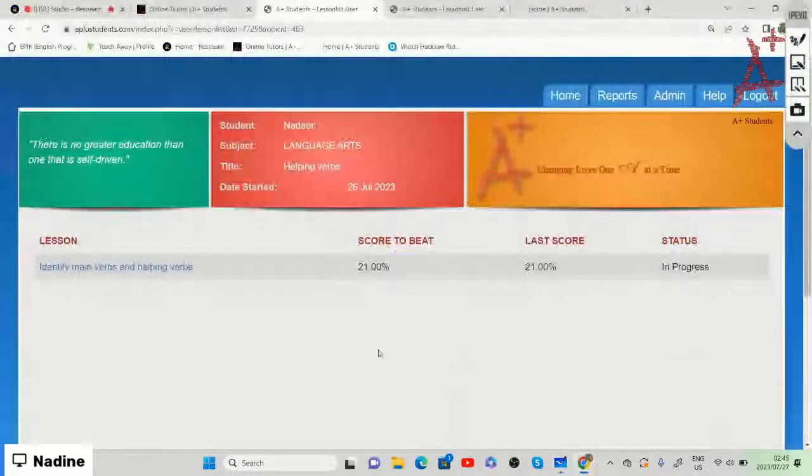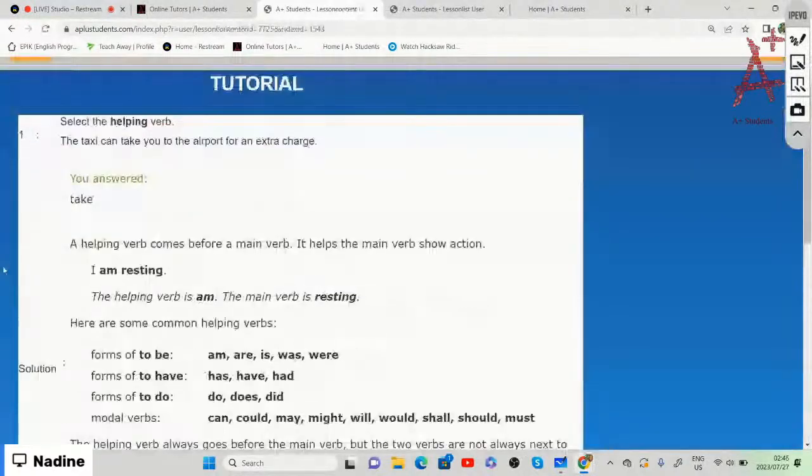All right, so once again, just to recap, a helping verb comes before a main verb and helps the main verb to show the action. Some of the common helping verbs form words like to be, which is am, are, is, was, were.